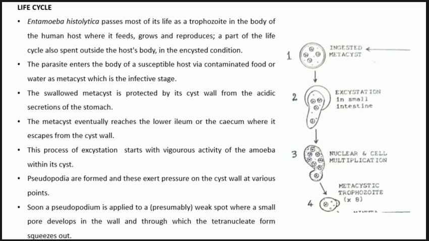A small pore develops in the wall, through which the tetranucleated form squeezes out of the cyst wall. As you can see in stage 2 of the diagram, a small pore forms in the cyst wall, and there it squeezes out.